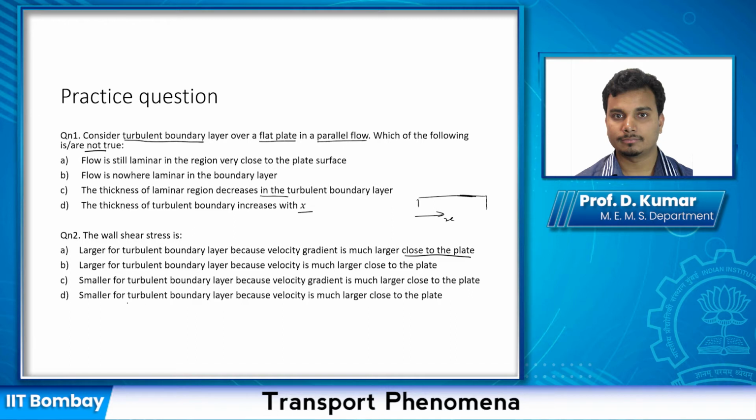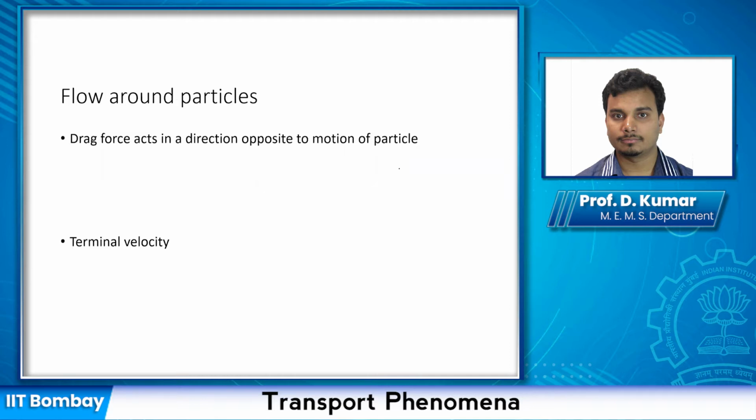And similarly, it is smaller because velocity is smaller. So it's similar, but you find one right choice from there. This is just again, as usual, a simple problem. Okay.